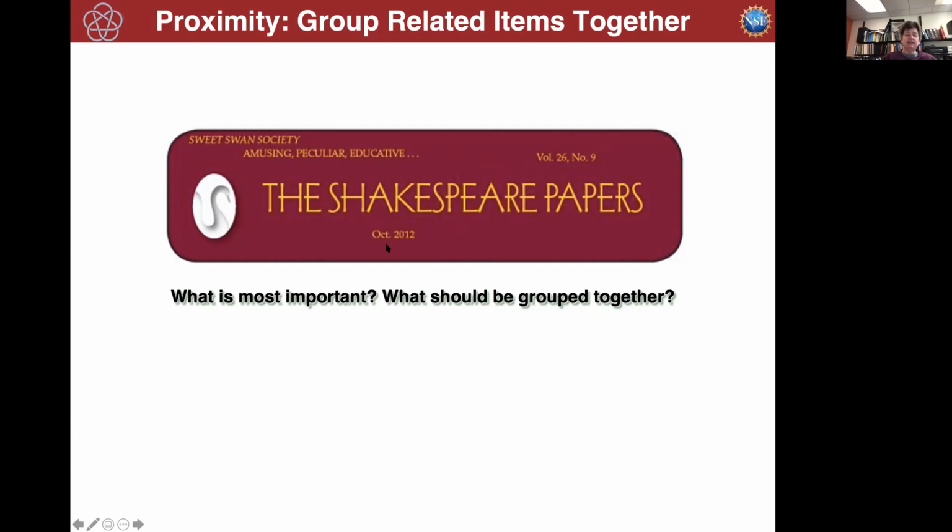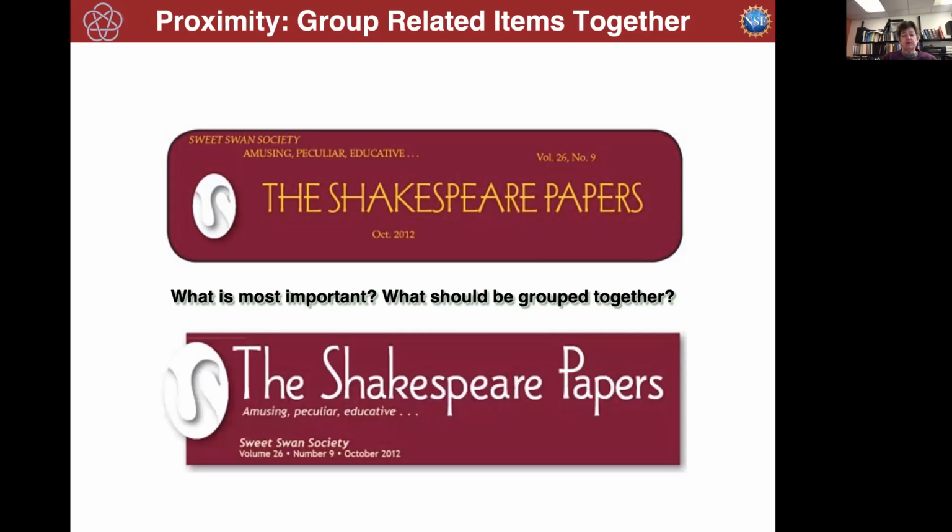So having things just floating around randomly is a good way to lose your audience's attention as they're trying to figure out what they should be looking at. What is the most important thing? What ideas should be grouped together? So again, very straightforward: what you should do is work on the grouping. A much better way of doing this is to bump up the size of the Shakespeare Papers.